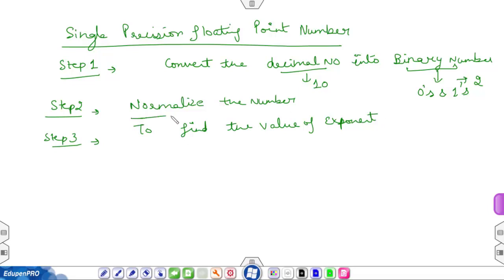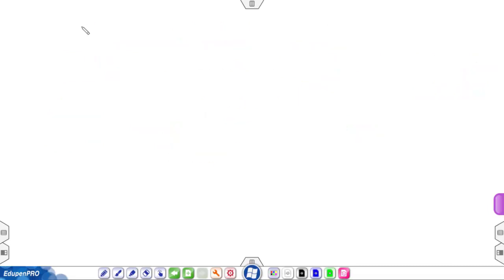From the normalized number we will be able to find the value of the mantissa. We are taking the example to convert a decimal number into a single precision floating point number.